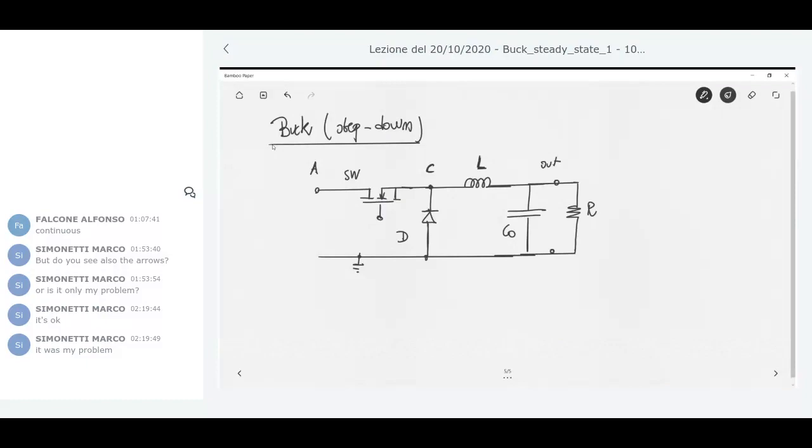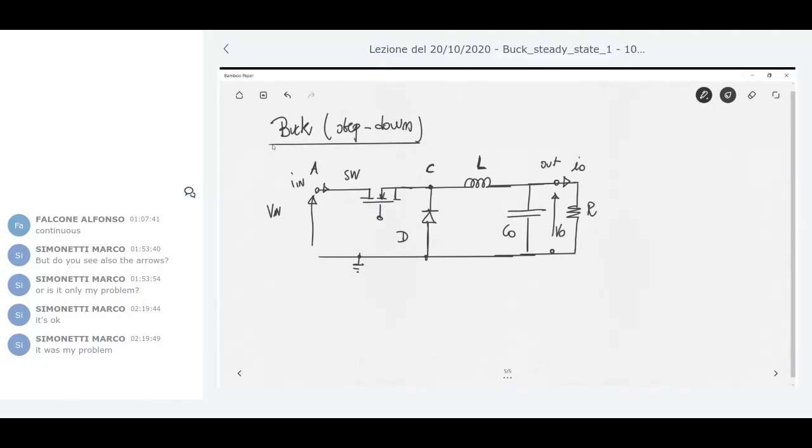So it's not needed to have exactly a resistance connected there. You can have another circuit, but I can represent it by a numeric resistance. This is the output voltage V naught. The current flowing here is the current I naught. Then you have here a voltage V in, and here you can have the current I in.